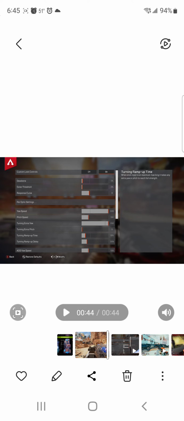One of the things that I noticed is this 2-2 dead zone and outer threshold, along with the response curve that I'm using. I don't know if a lot of people know this, but when you're shooting at a target, sometimes with the ALC settings, it'll pull from the target by itself.